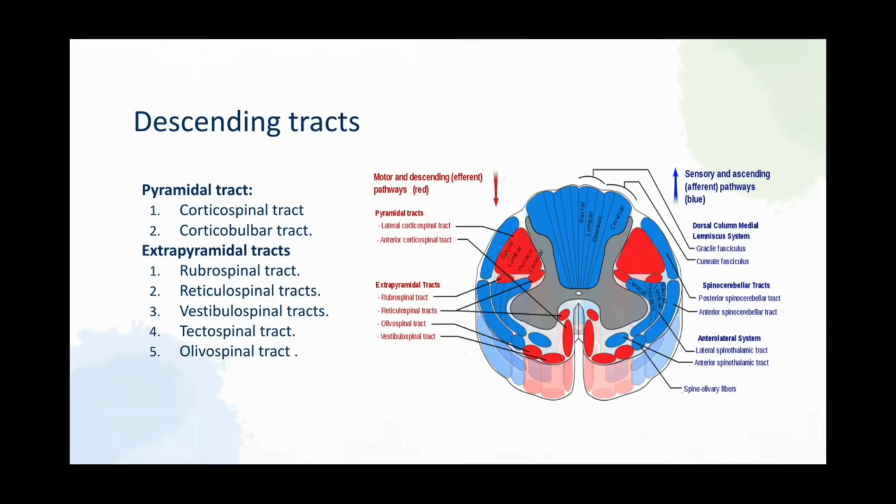If you notice, this is the area of the lateral corticospinal tract, and the anterior corticospinal tract is here. So we have two corticospinal tracts, called lateral and anterior depending on their location in the spinal cord. You need to know this picture well because you're going to need to know where these tracts are.